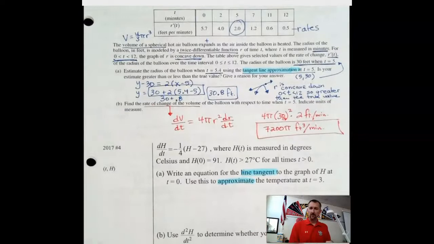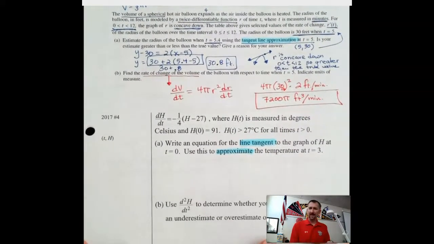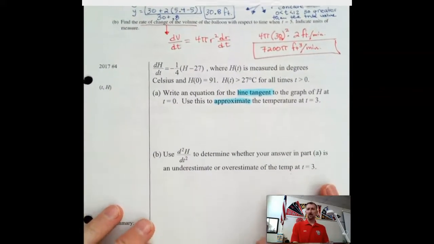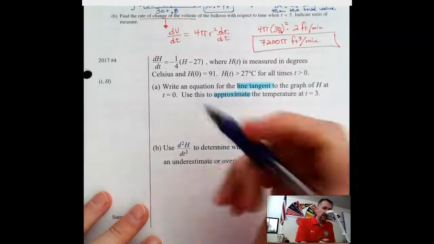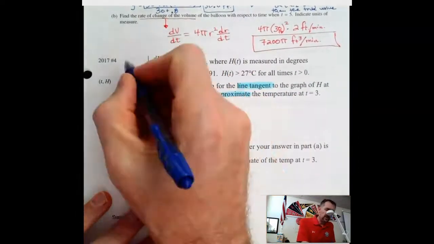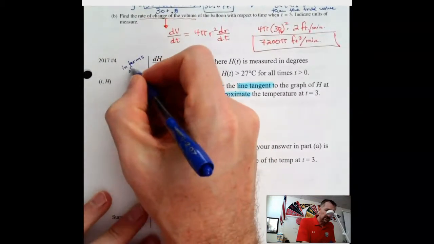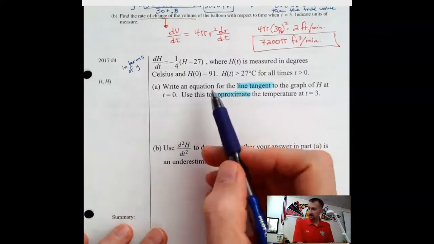Alright, so this is the 2017 test, number 4, and I've only seen it one time, but it's pretty tricky. And the reason it's tricky is that the derivative is in terms of y, basically, which is a little bit strange in this context.